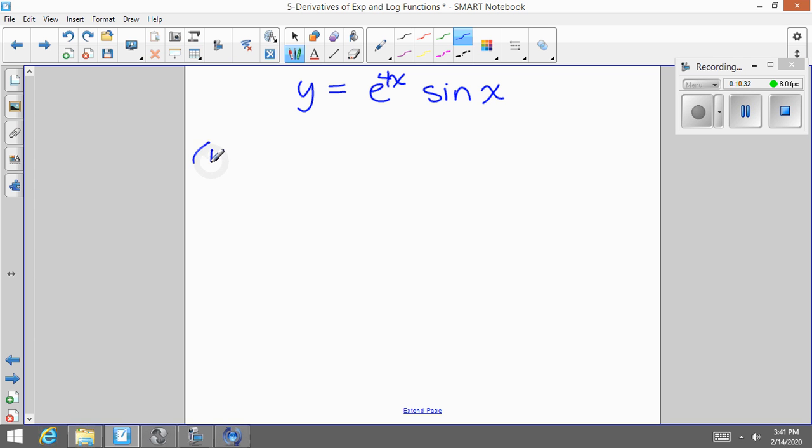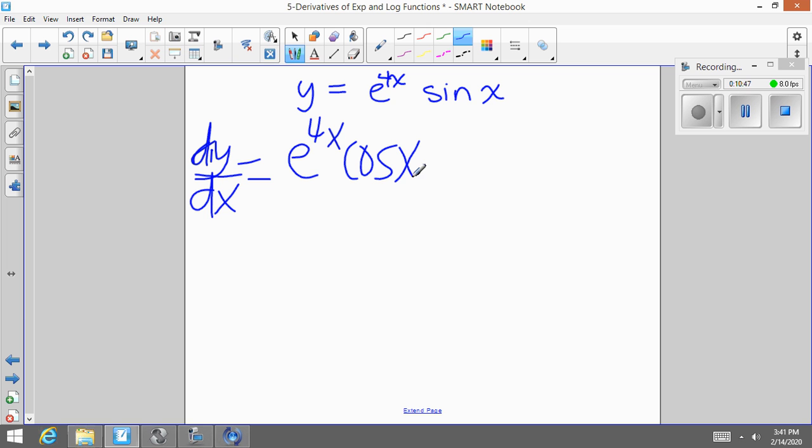So the derivative, dy over dx, would equal first, which is e to the 4x, times derivative of the second, derivative of sine is cosine, plus second times derivative of the first.